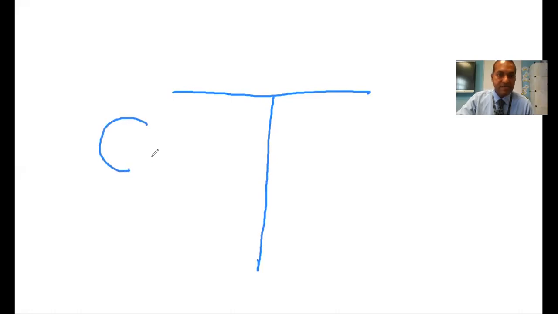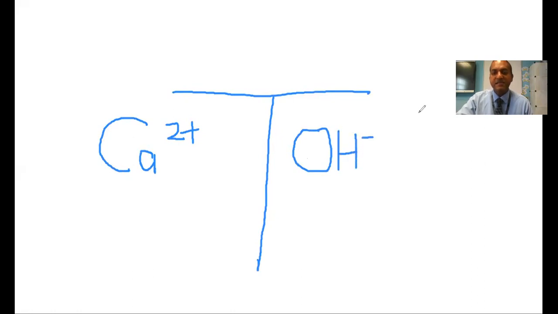So again, for our calcium hydroxide, we make another T. Calcium, as you can see, is 2 plus. Hydroxide, if you remember the ammonium hydroxide story, is OH minus.